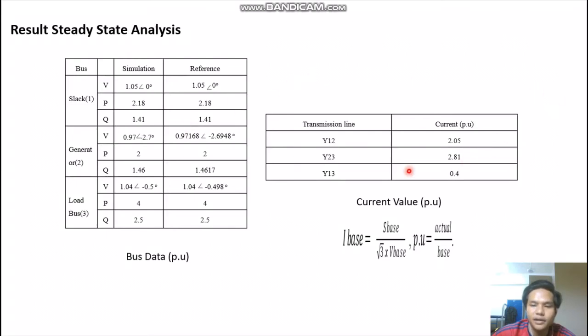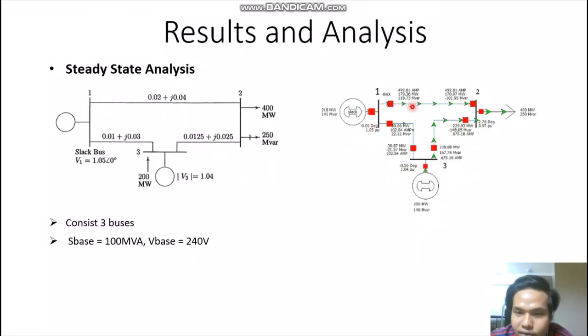Okay, this table is current value in per unit for transmission line. Transmission line Y12, this one.